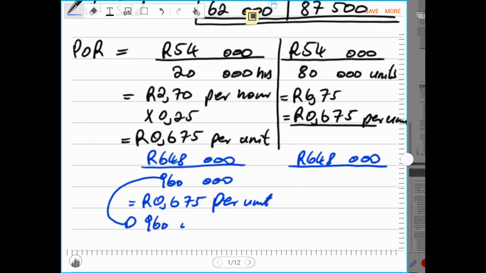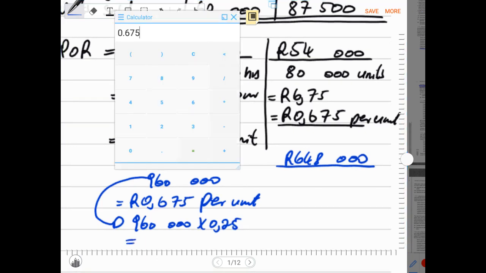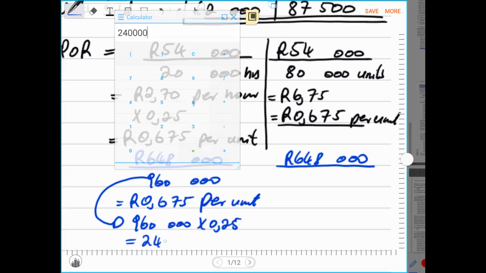We multiply this by the number of hours it takes to complete one unit, 960,000 units times 0.25, and it will give us 240,000 hours, which is per year or per annum. Therefore, now you divide by that 240,000 hours, and this will give you surely £2.70.